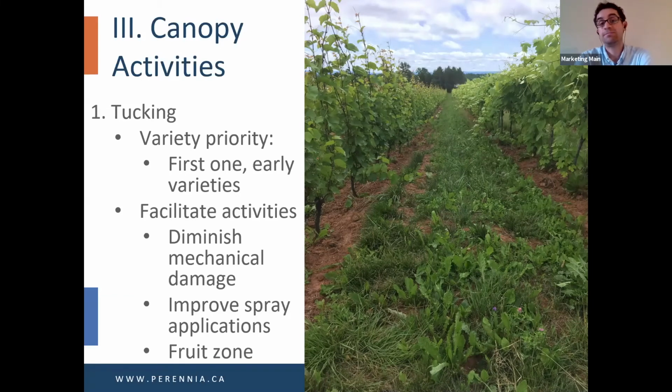Because it provides a lot of advantages, we'll diminish mechanical damage, we'll be able to improve spray applications, and we'll have the fruit zone in a proper position. So at bloom, we'll have a nice bloom and not a lot of compaction, and we'll improve the aeration. So tacking has more than a couple of advantages to be applied.